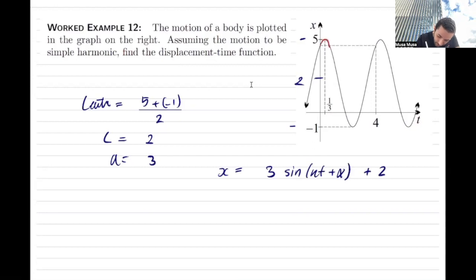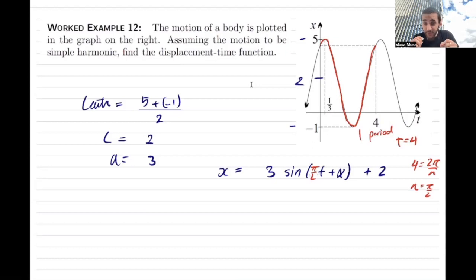What's happening from here all the way to here. Isn't that one period? And that one period is happening in 4 seconds or 4 units. So then our period is going to be 4 equals 2 pi on n, which means n equals pi on 2. Very good. The only thing we need now is our alpha.